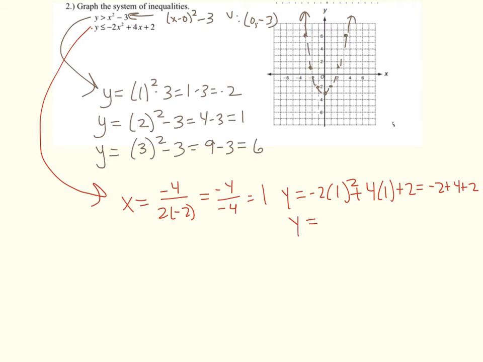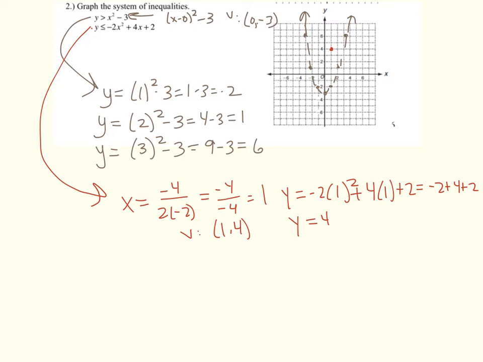And we get y equals 4. So the vertex for that one is at 1, 4. Now I know this parabola should face down because the a value is negative. So they're going to be intersecting definitely.